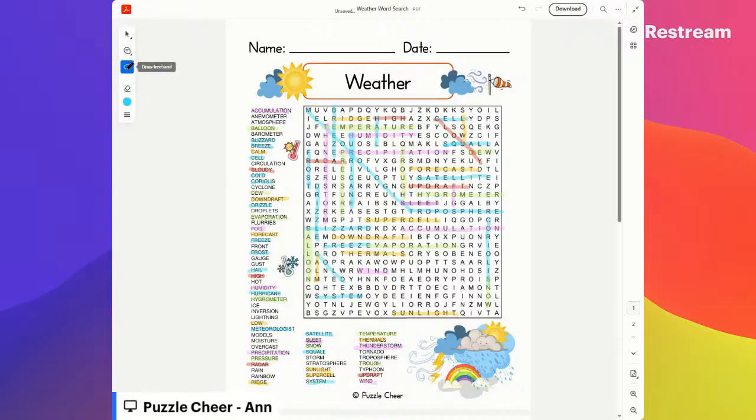Awesome. Rainbow. R-A-I-N-B-O-W. Rainbow. And Dino Game Hub says ice is diagonal and shares the I with satellite. So here's satellite and there's ice. I-C-E, ice.